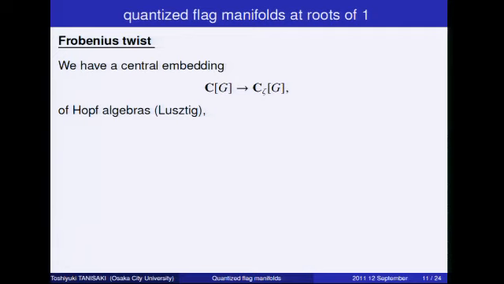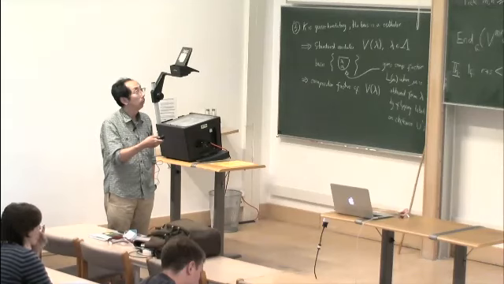So we are considering this Hopf algebra. But in this Hopf algebra, the ordinary algebra, the ring of functions on G, is contained in the center of this algebra as a Hopf subalgebra.